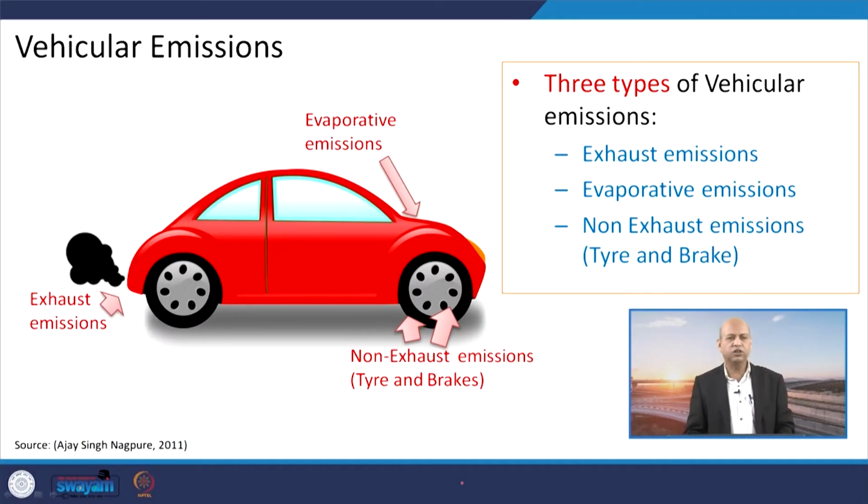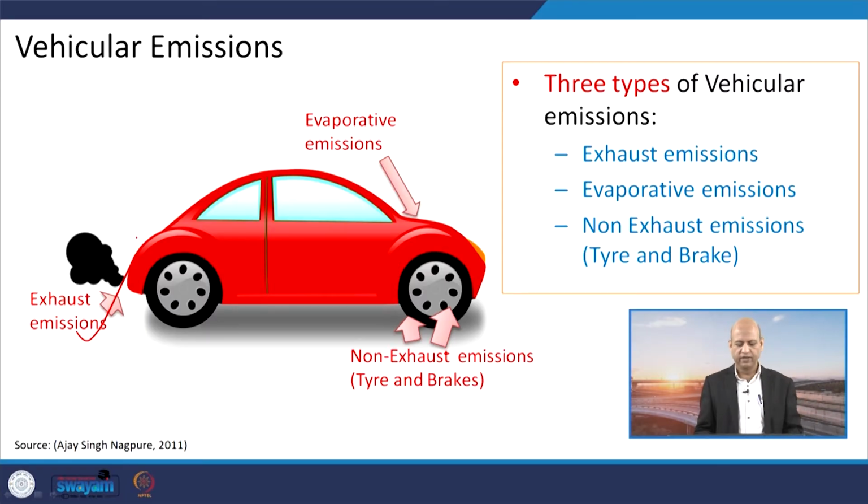When we talk about vehicular emissions, we know that major emissions come from exhaust emissions, that is the tailpipe emissions, where fuel is burning and then it comes out as exhaust emissions, whether air pollutants or greenhouse gases.